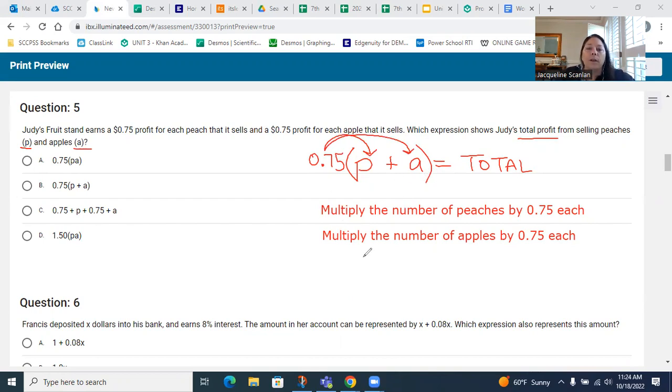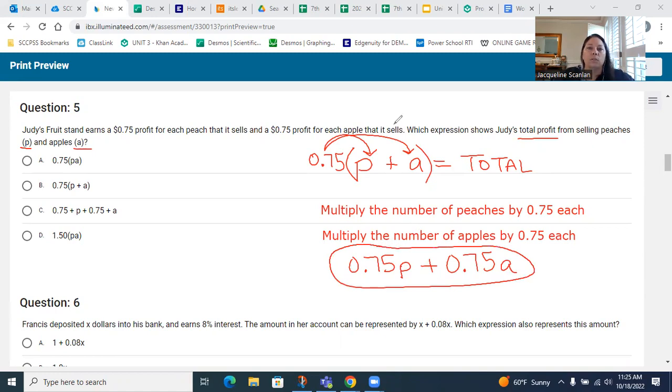The other way we could write that is 75 cents times the number of peaches, P, plus 75 cents times the number of apples, A, and that would give us our total. So this expression would represent her total, and this expression would also represent her total.